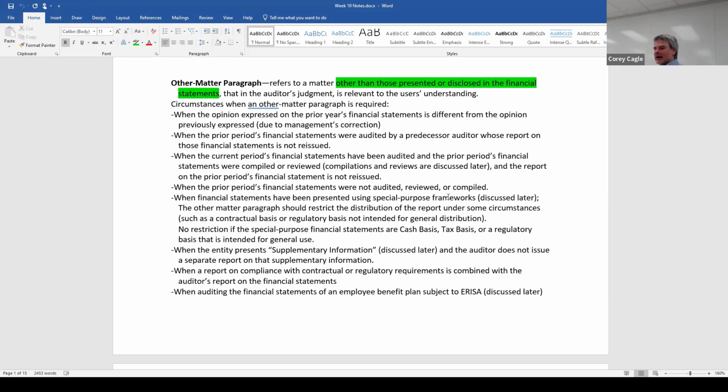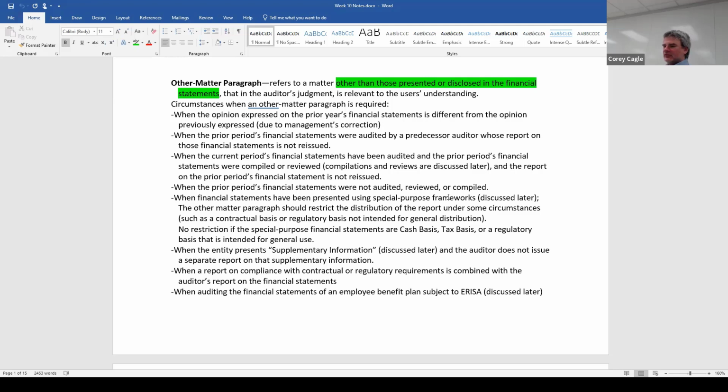They might have been compiled or reviewed, which we'll talk about later. And the report's not issued. It would be required when the prior period financial statements were not audited at all, reviewed or compiled. It would be required when the financial statements have been presented using a special purpose framework, which we'll discuss later.